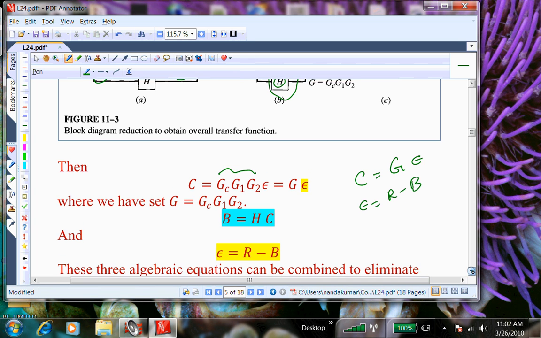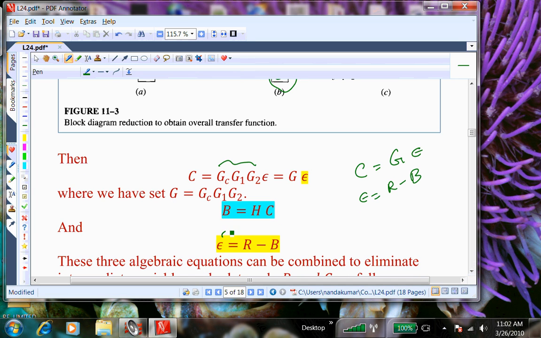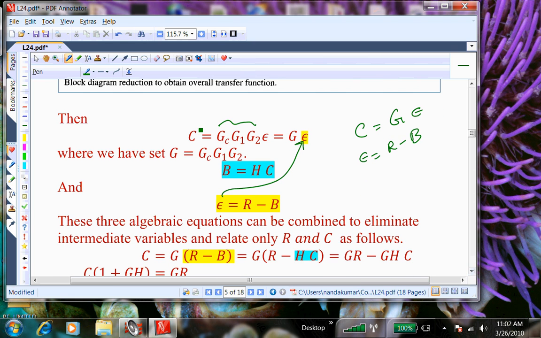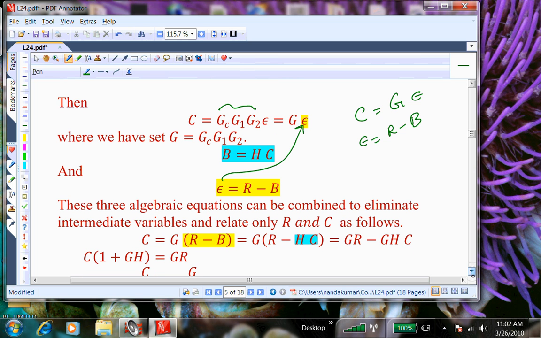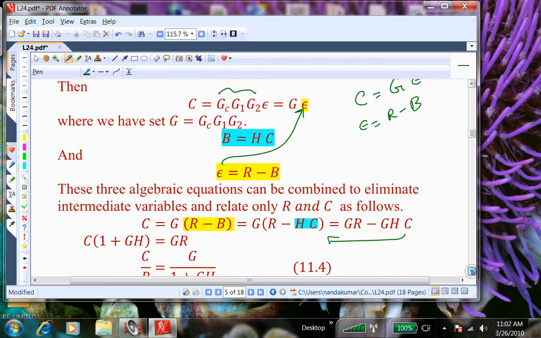It's just a matter of combining. I take epsilon, substitute in there, and what I get is C equal to G times R minus B, because epsilon is R minus B. B is H times C. I'm eliminating all those variables, so I get GR minus GH times C. Then take this to the left-hand side and combine as C times 1 plus GH equals GR.